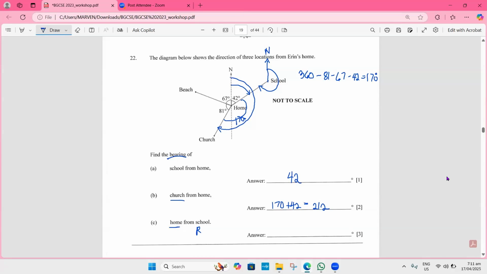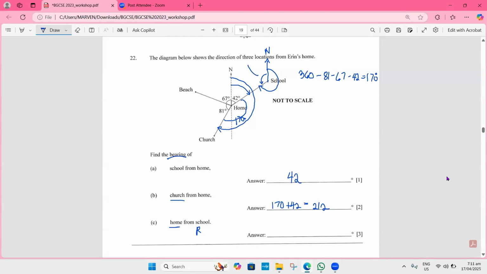Now, how are we going to solve for this angle? As you can see, 42 and this angle are what? They are collinear. And angles on the same line are supplementary. So we can have the measure of this angle, and after that we will have the measure of the bearing of the home from school.